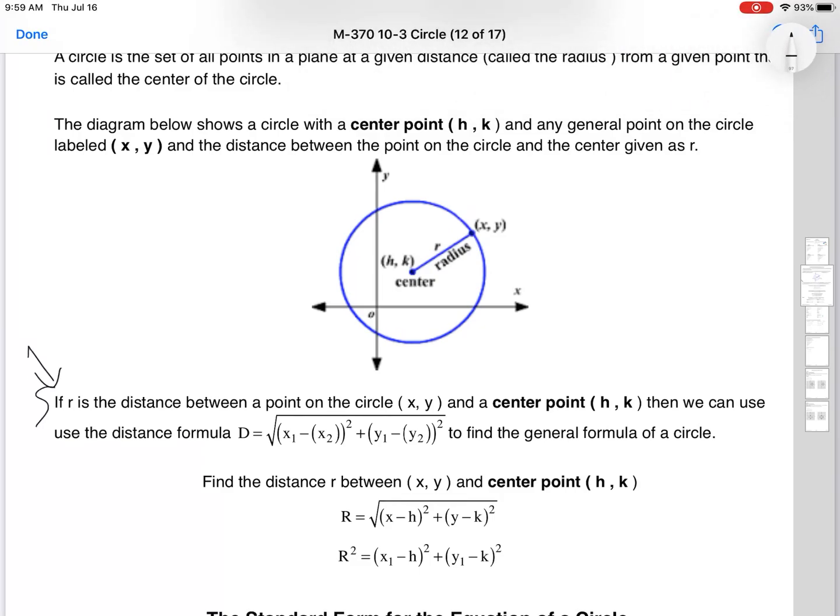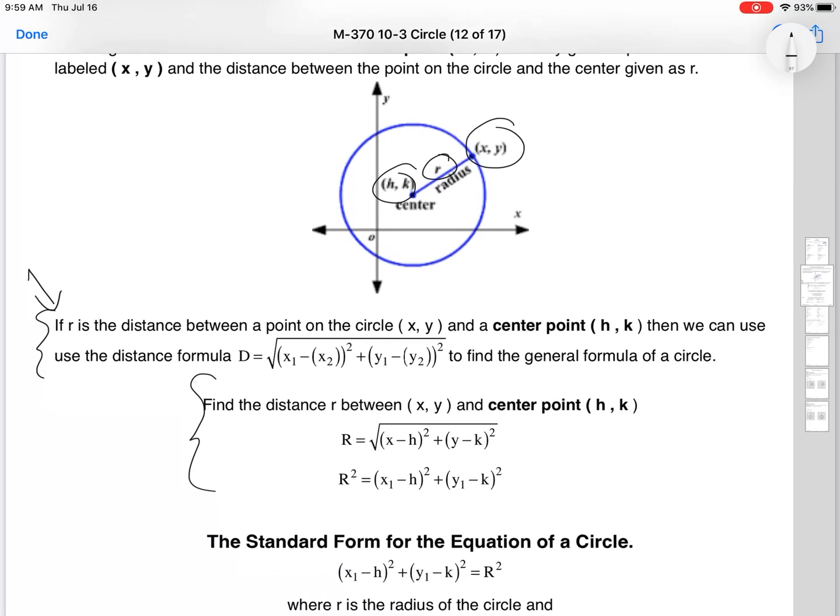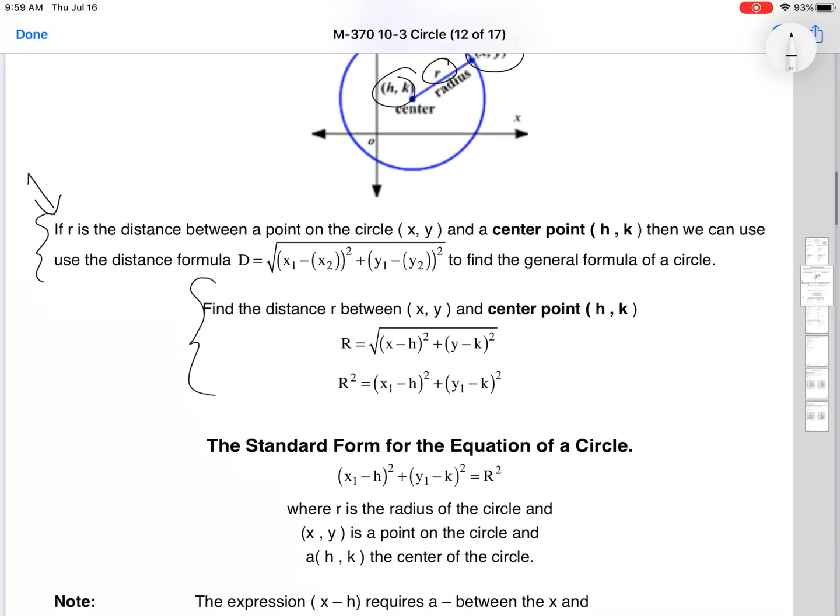If the distance between the point on the circle x, y and a center point h, k, then we can conclude using the distance formula, a modification of the distance formula, where we're replacing the points h, k and x, y into the formula, and r as well, because now we're calling that distance r, and we get the standard form of a circle, right? And so h, k is going to be the center and r is going to be the radius.